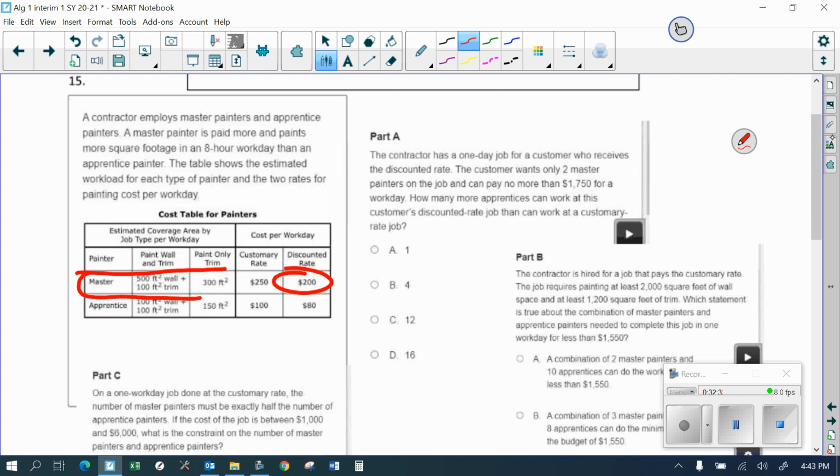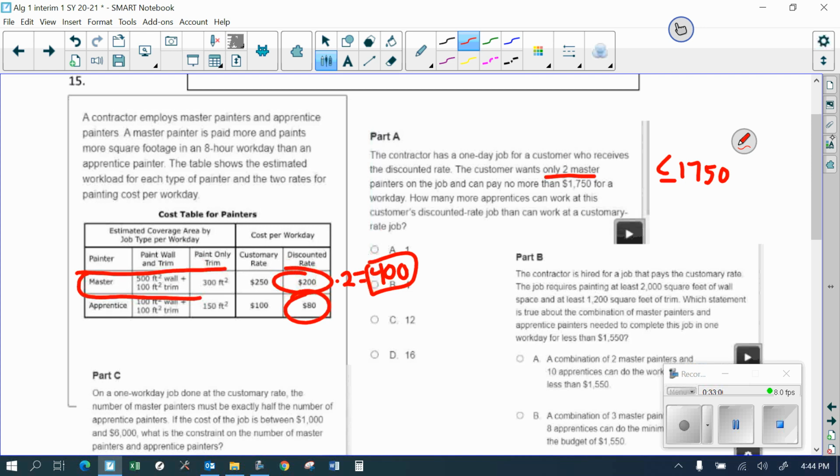How many more apprentices can work? So 2 times that, going to be 2 of those, $400 for the master painters. No more than means less than or equal to $17.50 total. Only 2 master painters, so that's $400 for the work day for the master painters because they got the discounted rate.